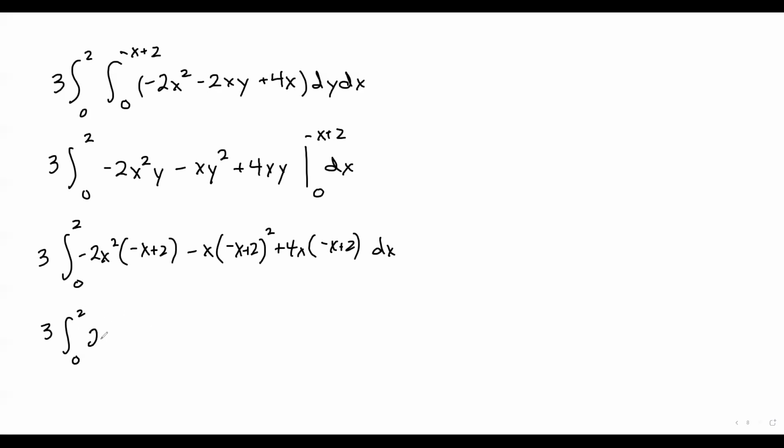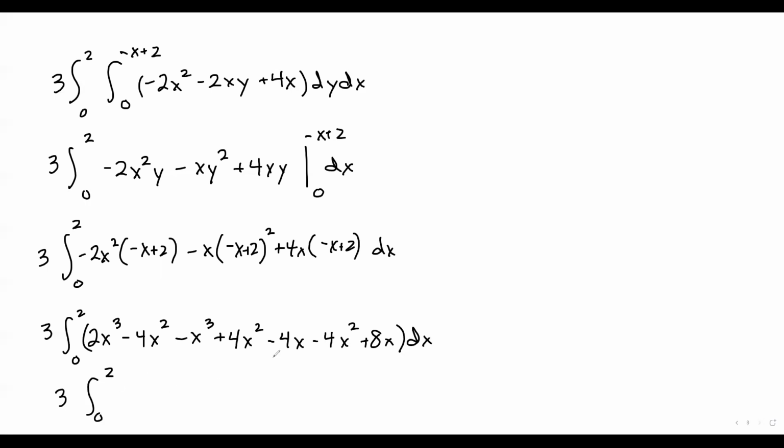This is going to be 2x cubed minus 4x squared. Let's see, what's this going to be? So we're going to have x squared times -x. It's going to be -x cubed. Then we're going to have minus 4x times a -x, so plus 4x squared. We'll have positive 4 times -x, that's -4x. And here this is minus 4x squared plus 8x, dx.